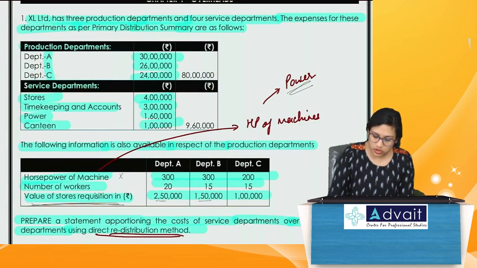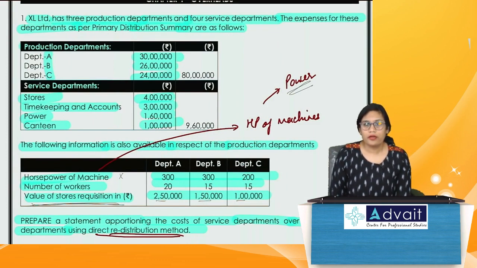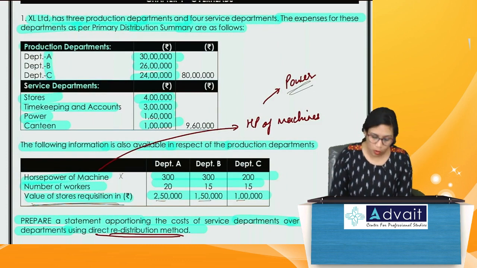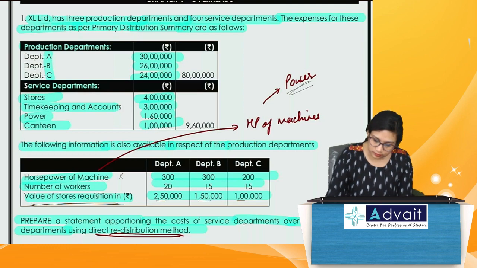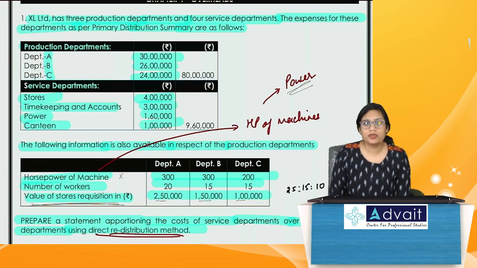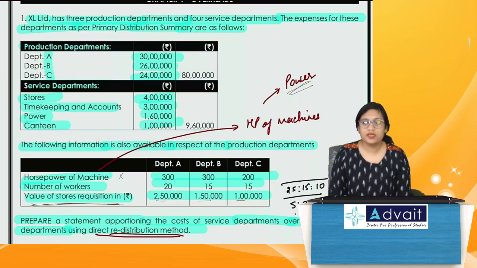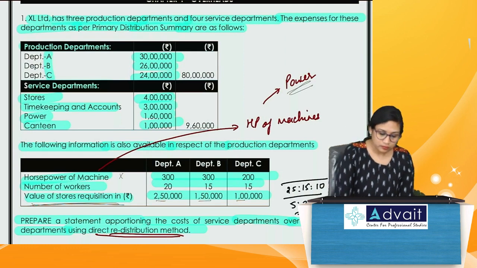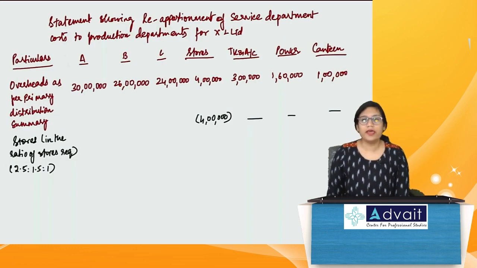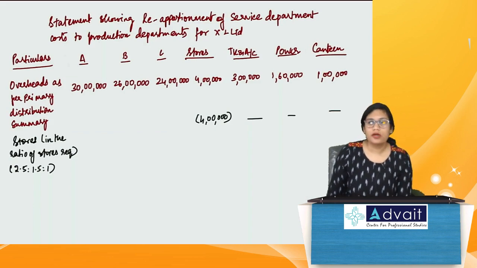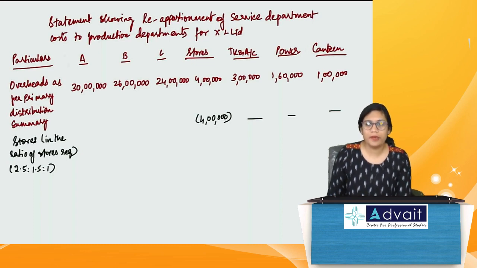Or you can take this as 25 is to 15 is to 10. That also is all right. You can further reduce this ratio to 5 is to 3 is to 2. This is also okay. It's up to you. Can you please divide and tell me how much you get under each department? 4 lakh when divided in this ratio, how much do you get under A, under B, under C?